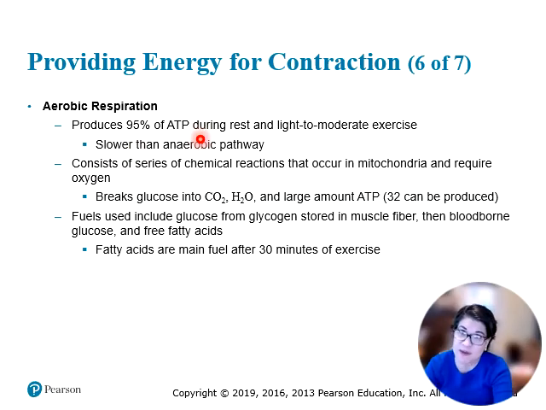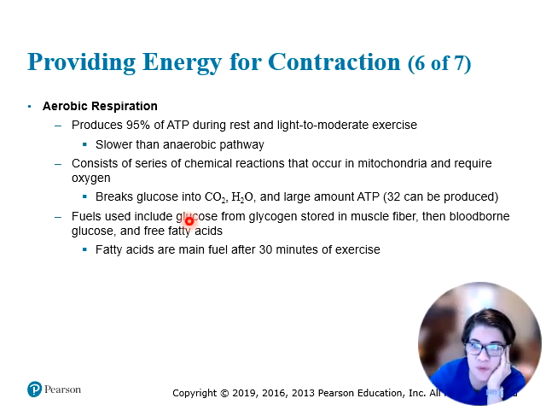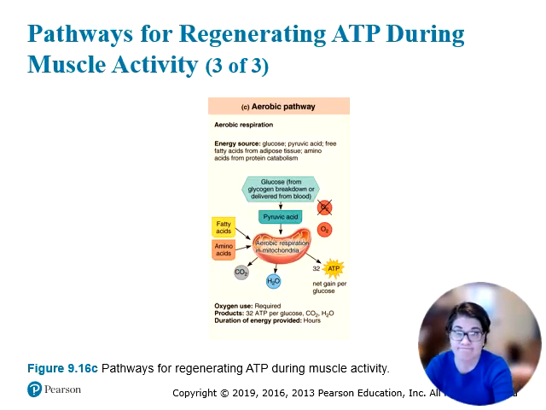Aerobic respiration is where you make most of your ATP for your muscles to contract. It's slower, and it produces like 32 ATP, which is a ton. What you do is you break down glucose and use oxygen, and then it produces ATP. So here is that happens in your mitochondria.